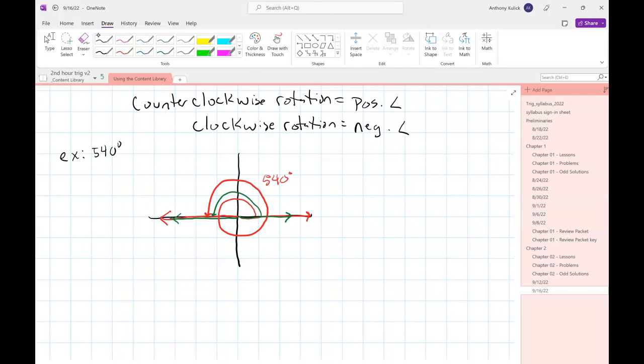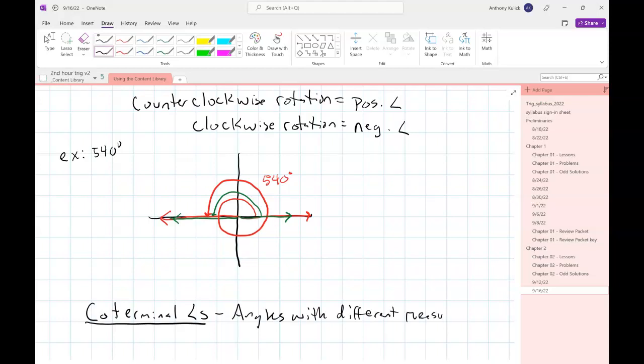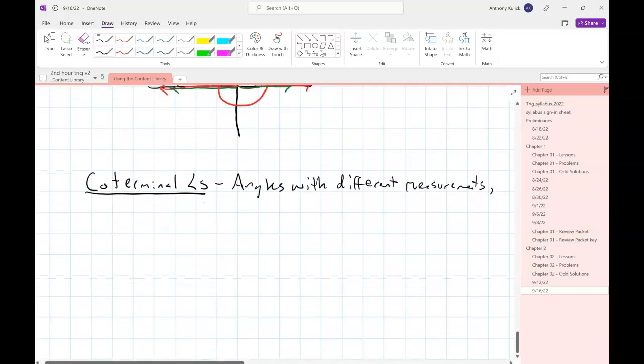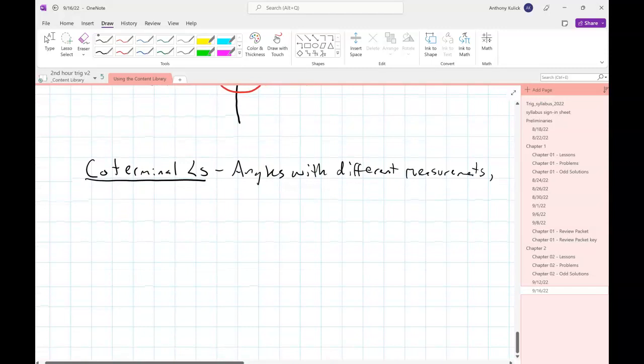We're going to give that kind of angle a special name. We're going to call these kinds of angles coterminal angles. So these are angles with different measurements, but identical terminal sides.